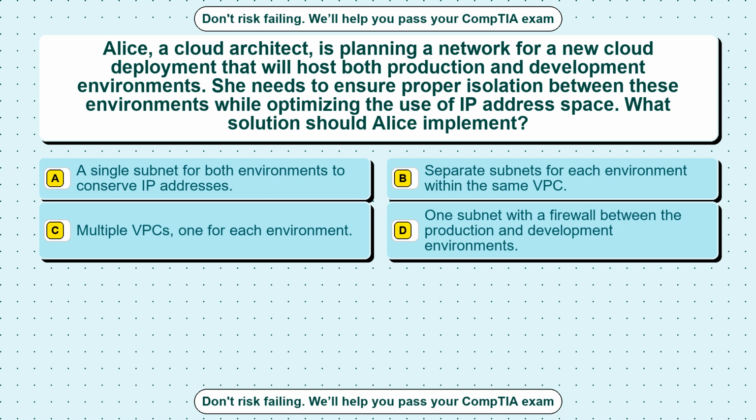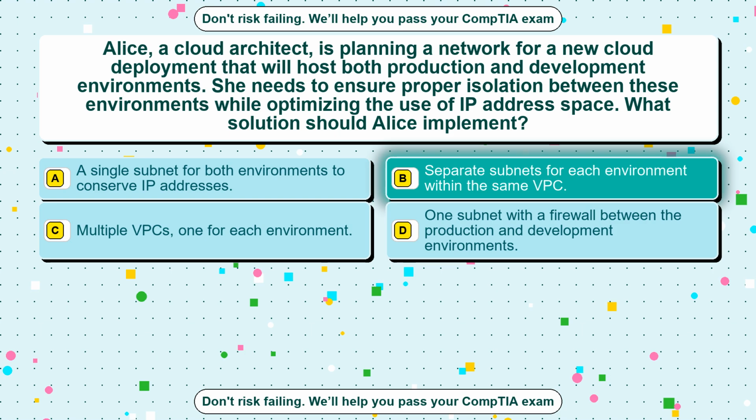Option A. A single subnet for both environments to conserve IP addresses. Option B. Separate subnets for each environment within the same VPC. Option C. Multiple VPCs, one for each environment. Option D. One subnet with a firewall between the production and development environments. The correct answer is option B.